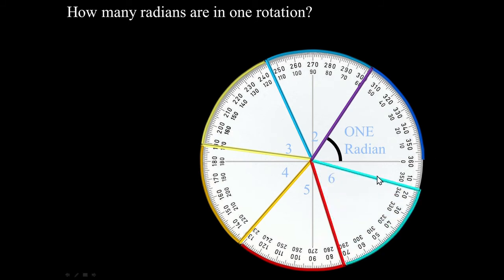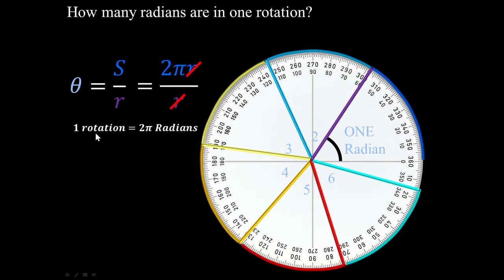If we wanted to figure it out exactly, we would figure out how many radii fit into the entire circumference. And the circumference is 2 pi r. And how many radii fit into that? Well, it looks like just 2 pi. 1 rotation is 2 pi radians.